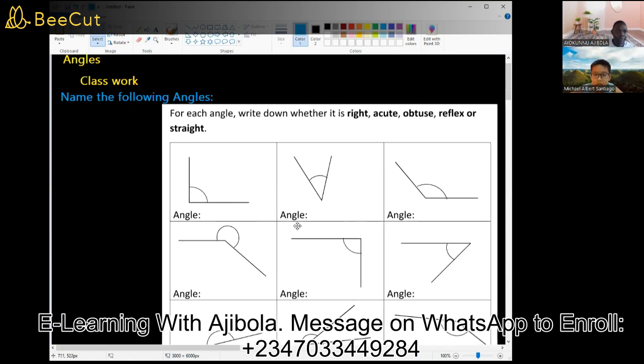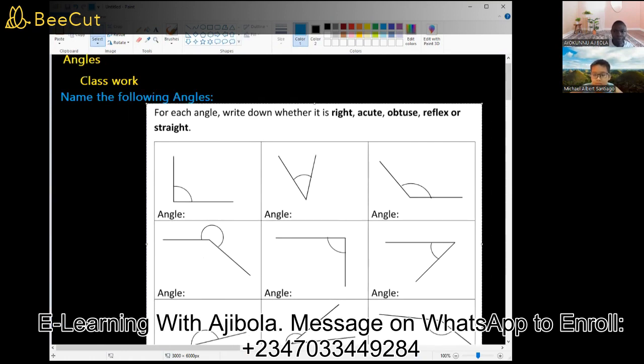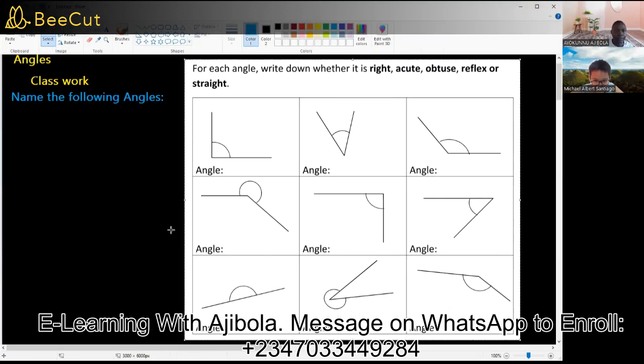For each of the angles, you are to write the name. You have to write what kind of angle it is, whether it's a right angle, an acute angle, an obtuse angle, a reflex angle, or a straight angle. Is that clear? All right. It's clear.